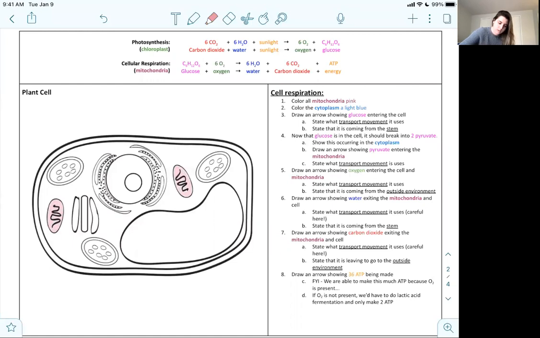Step number 2 says color all the cytoplasm in light blue. This is a little bit tough, so bear with me here. We've got our cytoplasm kind of headed around all of these objects. It's that space that fills up everything in between all of our organelles here. So we color all of that in blue as neatly and quickly as we can.